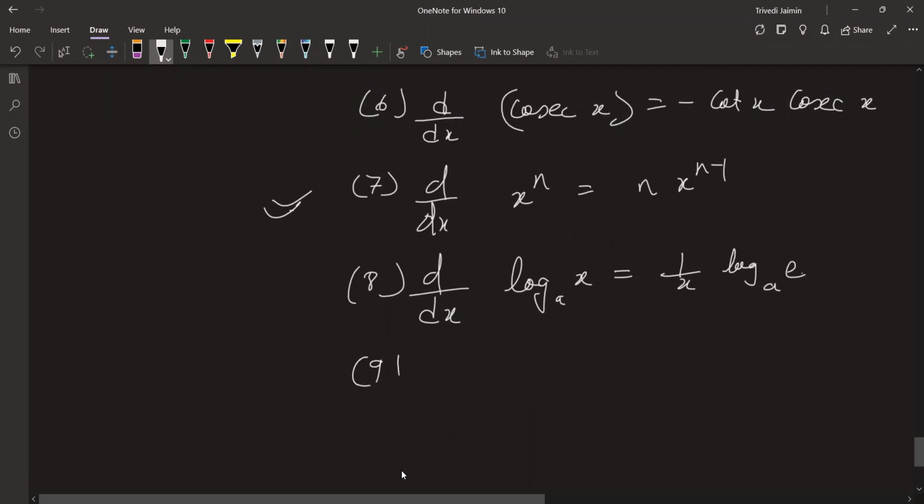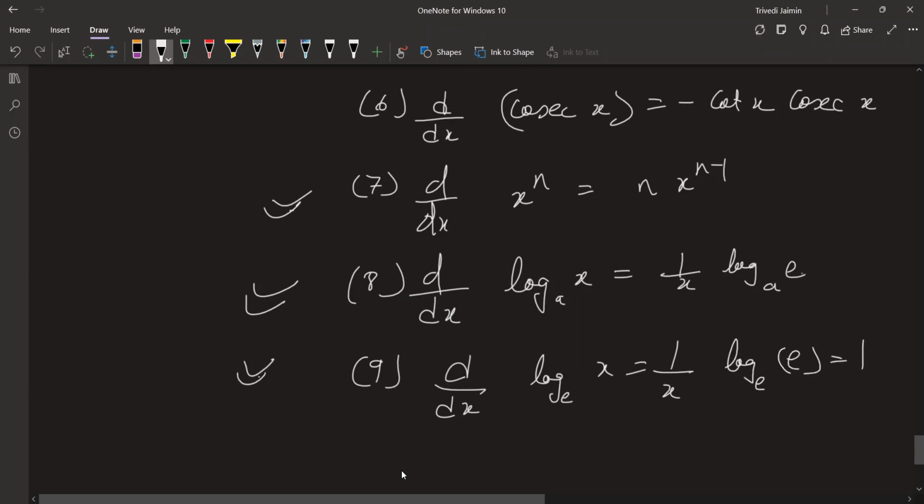Similarly, now let's see how to use these two. d by dx of log e x will be 1 by x only. How do we get 1 by x? It is 1 by x times log e base e, and log e base e equals 1.